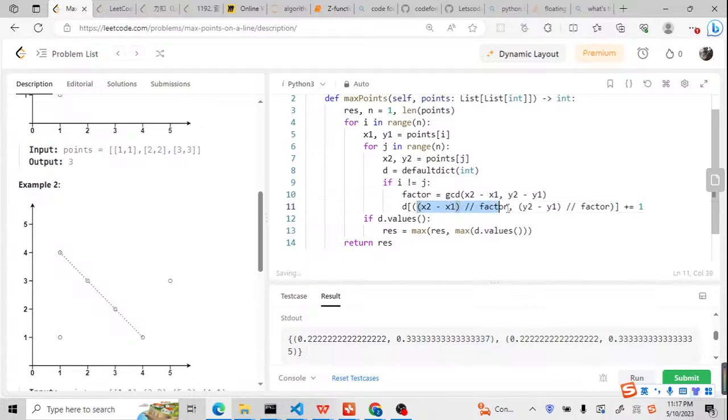This is the first value, and this is the second value. I'm going to check the maximum value, and I need to add 1, because I didn't count the first point. If I take out one point, I should count the first point also. So the maximum of d dot values should be plus 1.